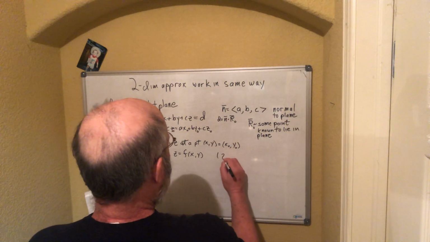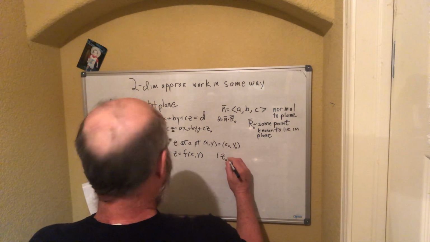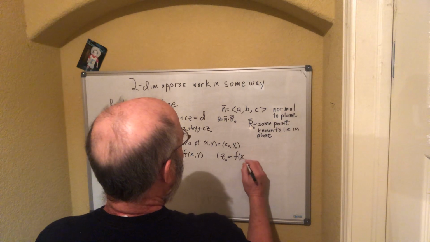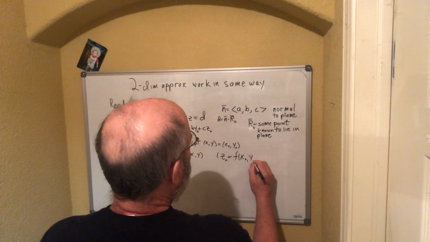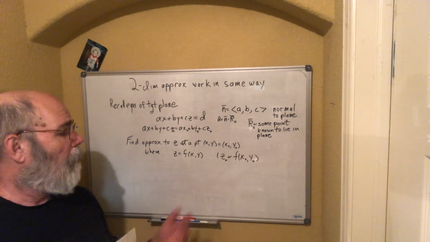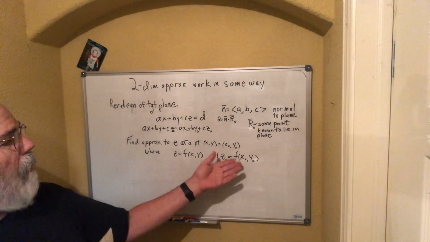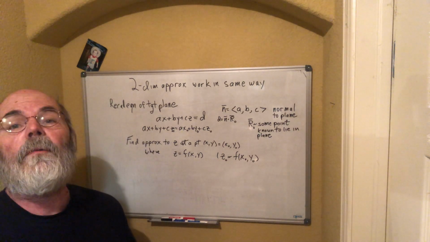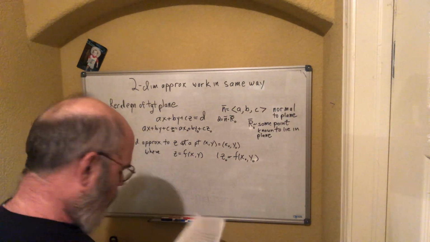In other words, we know a point Z naught that happens to be the value of the function at a point X naught, Y naught, close to the point where we're looking.